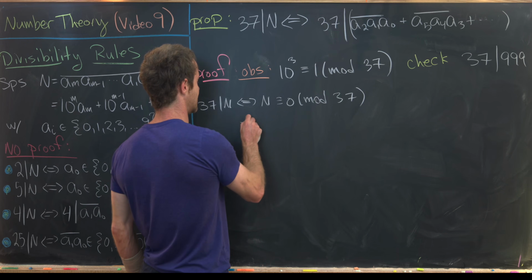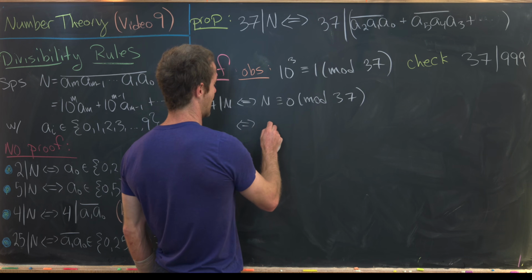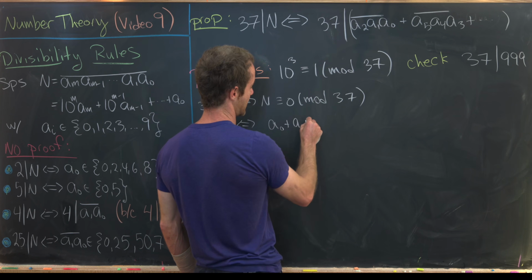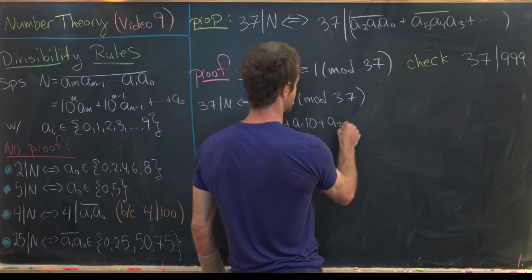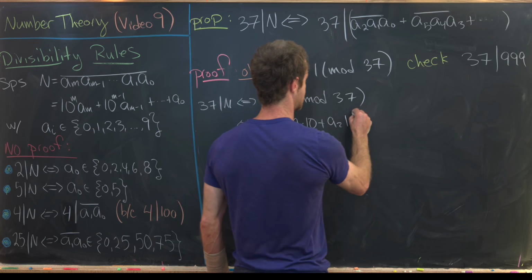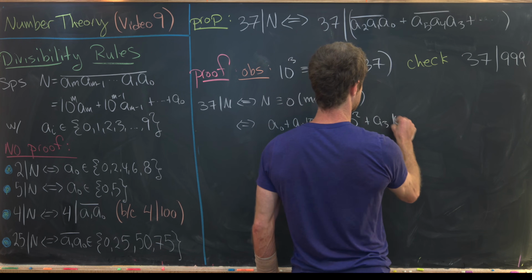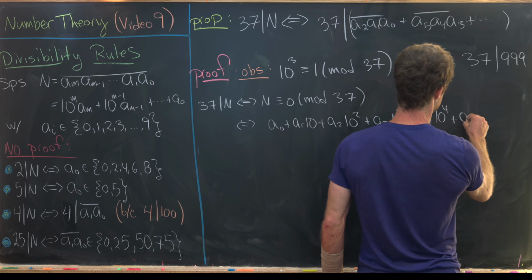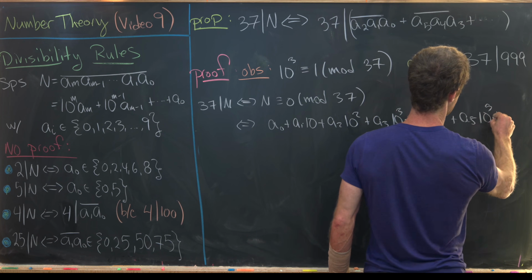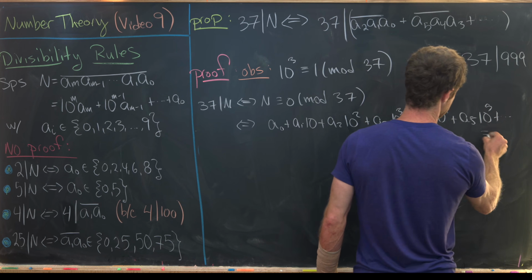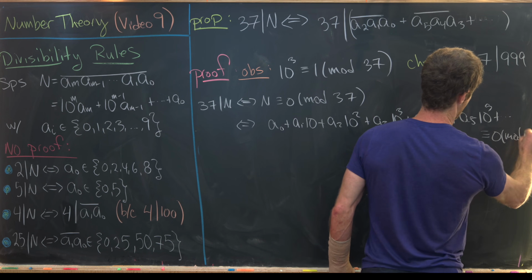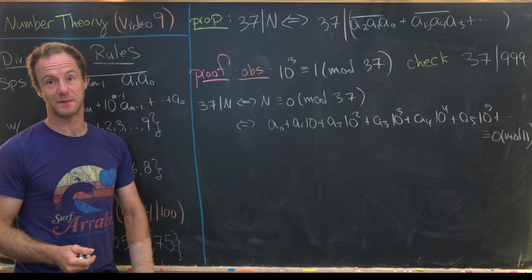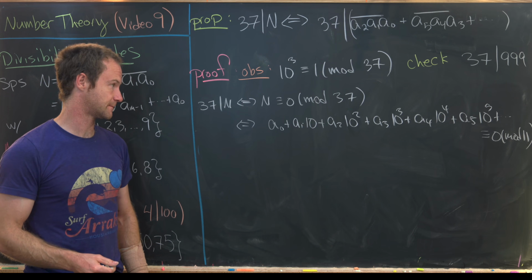But that's if and only if we have a0 plus a1 times 10 plus a2 times 10 squared plus a3 times 10 cubed plus a4 times 10 to the fourth plus a5 times 10 to the fifth plus dot dot dot is congruent to 0 mod 37. So I've extended it out a little bit just because it'll be useful for our case.